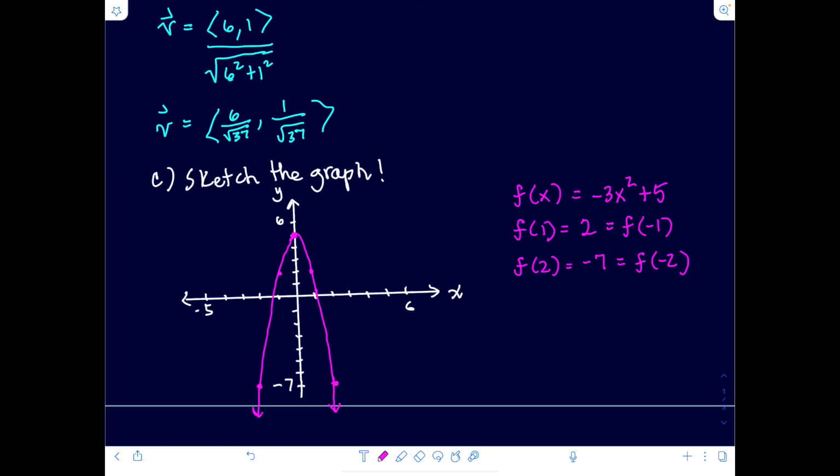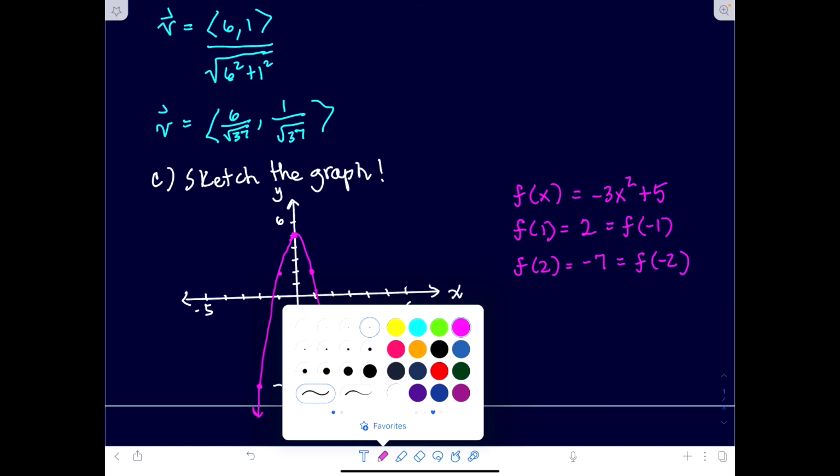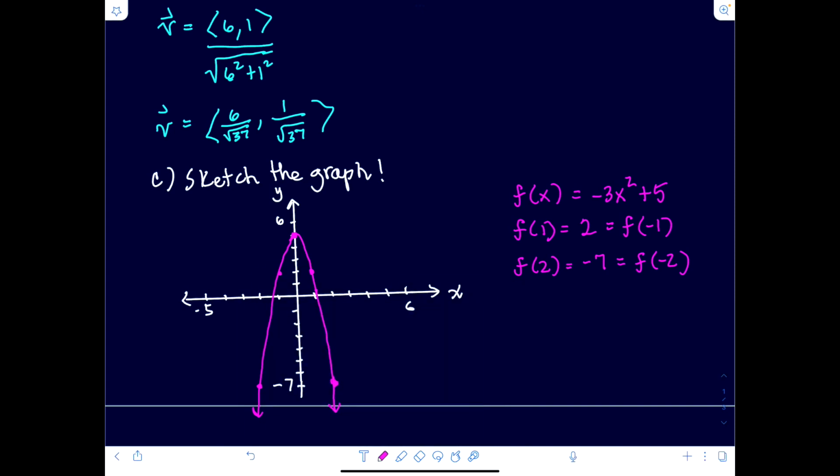So the parabola looks something like this. And then we're interested in what happens at that point (1, 2). We have unit vectors, so we know the length of those vectors. And remember the point (1, 2) was right here. We plotted that point.